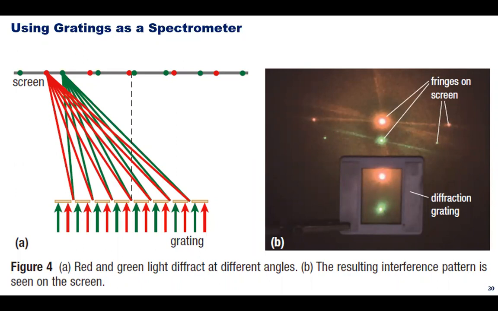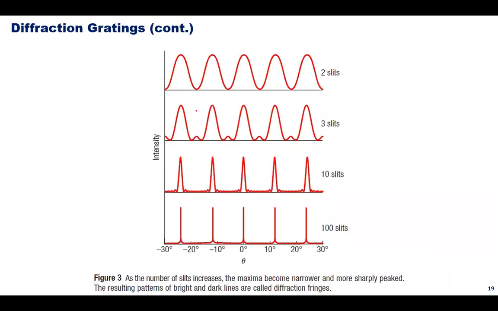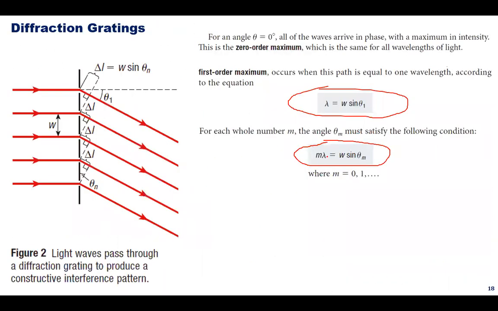So as you can see here, red and green light diffract at different angles because they have different wavelengths, right? So according to this formula here, m lambda equals W sine theta m.